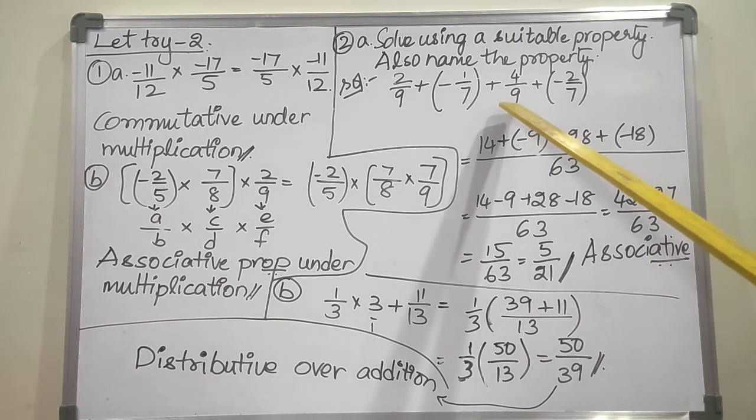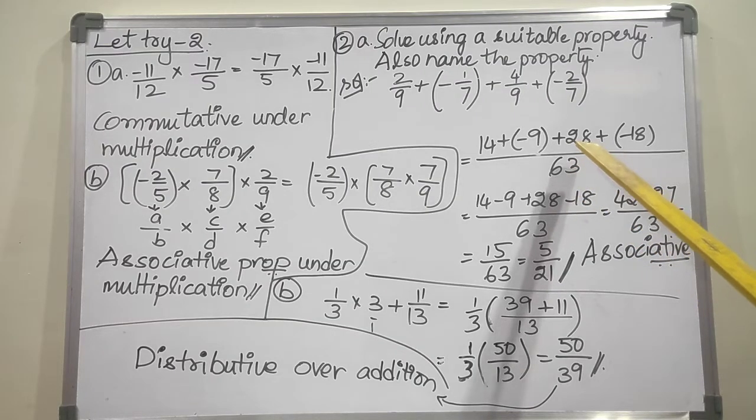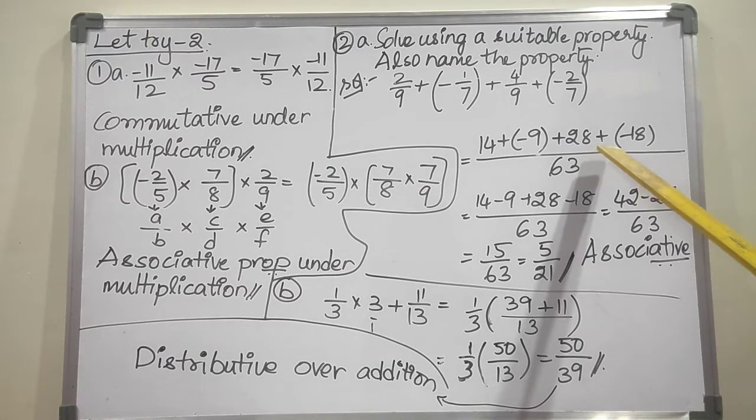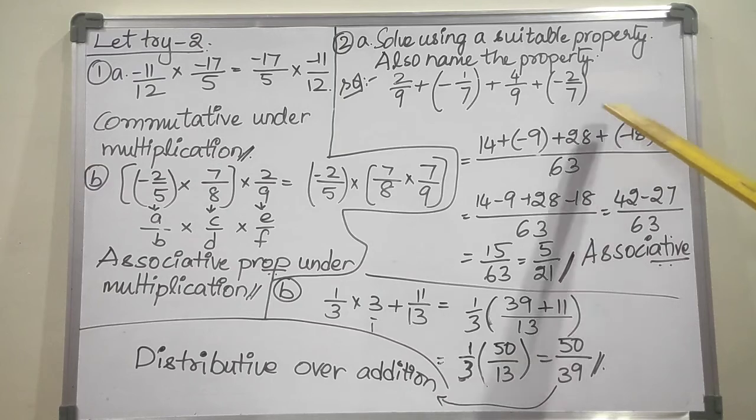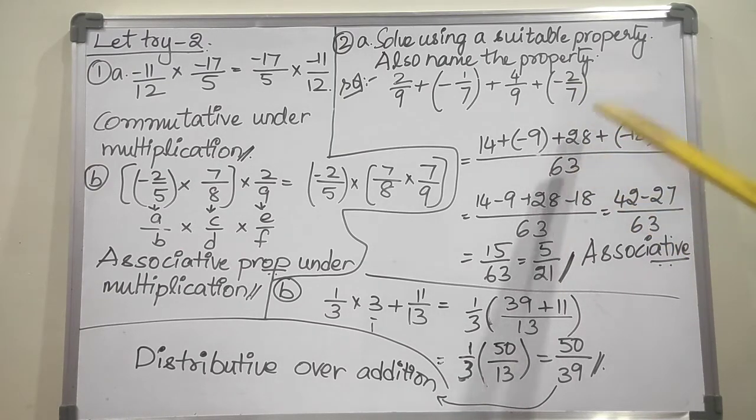Now again, 9 4s are 63, right? 9 8s are 63, 8 4s are 28. Now same here, like that only we shall do that. Now 7 9s are 63, 9 2s are 18. You all know how to do the LCM, so I am not going into the depth of that.